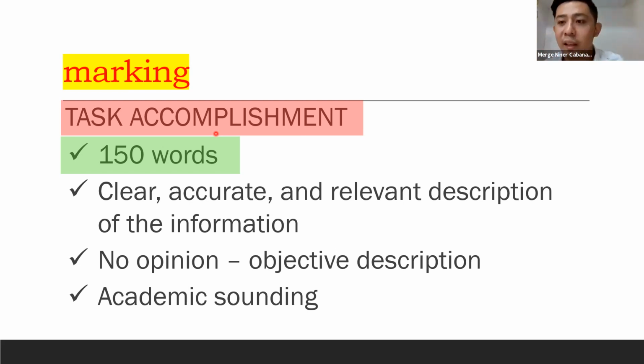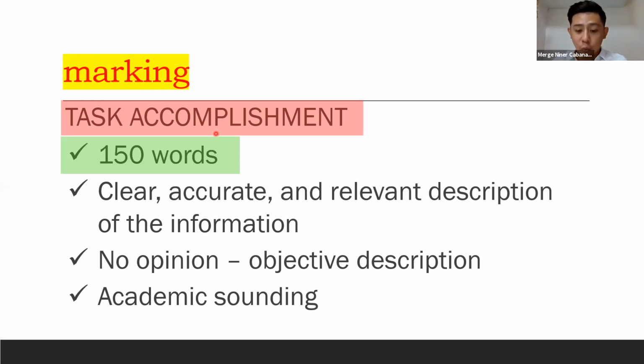You divide it by 4. That is what? 7. Well, you see, there is a penalty of 1. And the penalty of 1 will be deducted from your score once those task accomplishment, coherence, vocab, and grammar are already added. And that is something that we want to avoid.